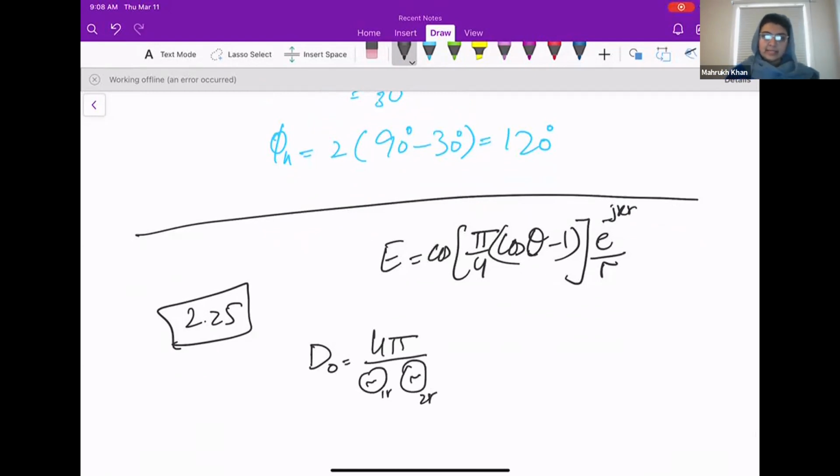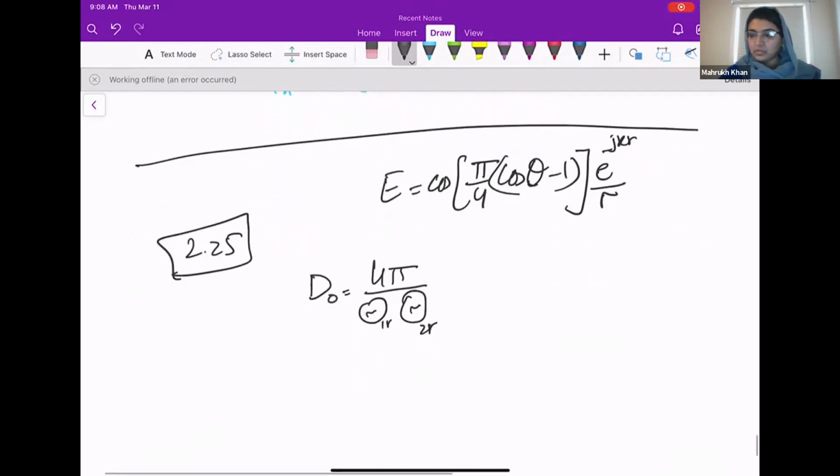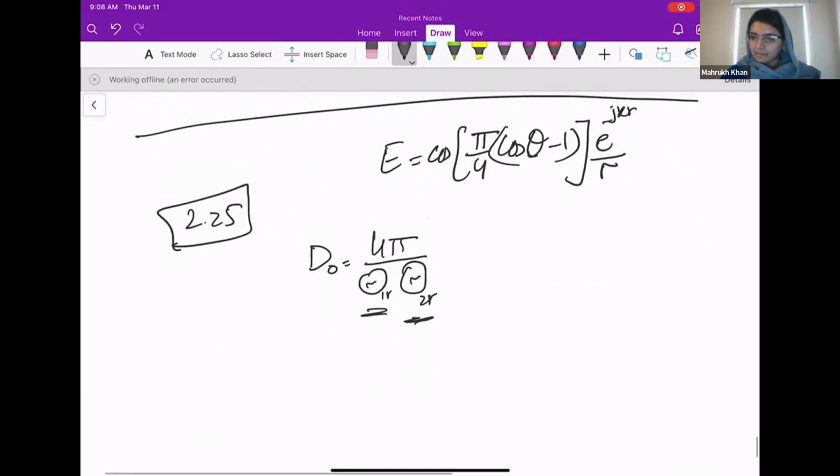So in this case, you need to find these beam widths. And beam width you can find by finding E max. When you find E max, you just try to find the maximum value.